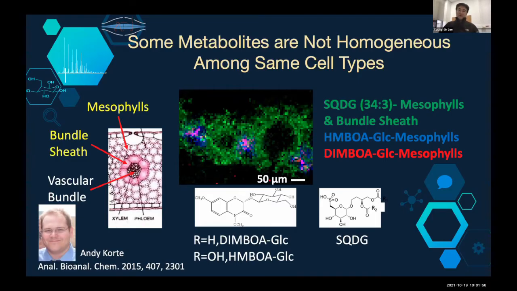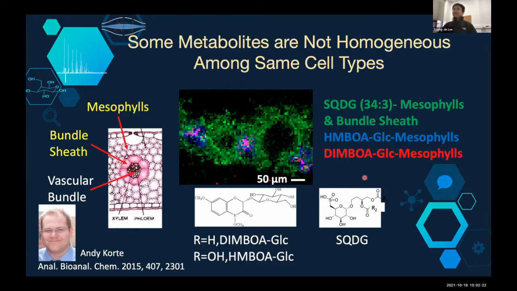As plant people know, maize is a C4 plant and has Kranz anatomy. I'm not sure whether you can see my mouse. Let me change it to laser pointer. It has two different photosynthetic cell types, the bundle sheath as a single cell layer, and then mesophyll outside.